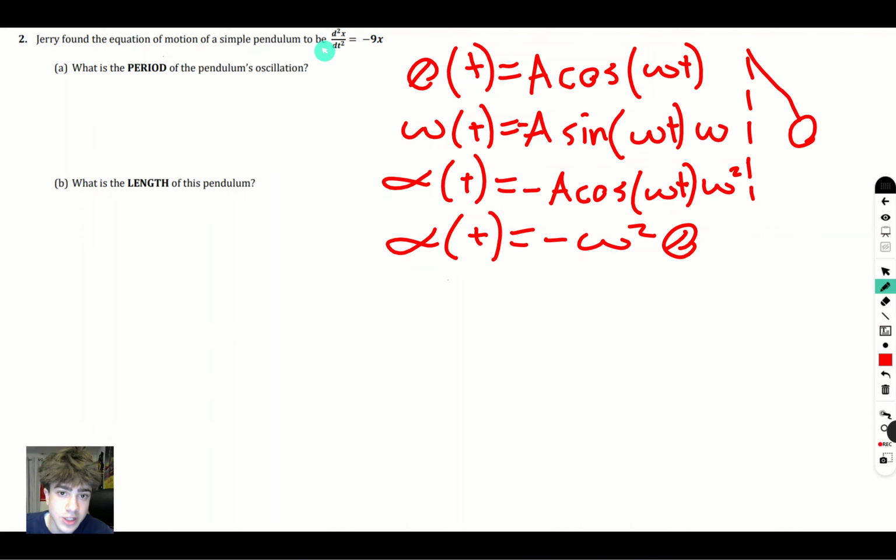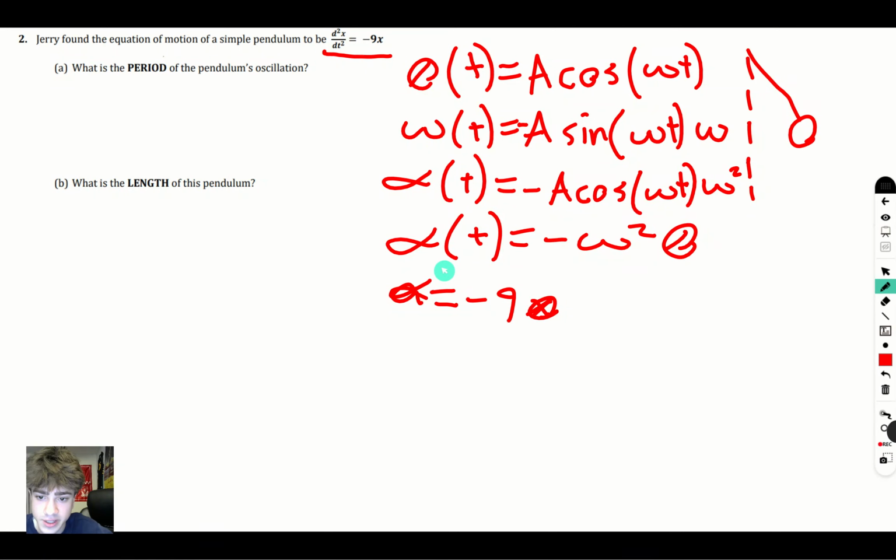And the equation that we're given actually gives us another equation for acceleration, because we know that d2x over dt squared is simply going to be a. So we'll get that a is equal to negative 9x. But since we know that our tangential acceleration, which is our a, is simply going to be our angular acceleration, we can just write this as alpha and write this as theta.